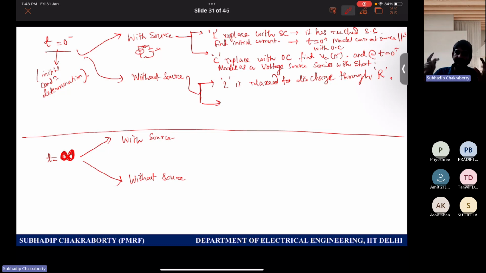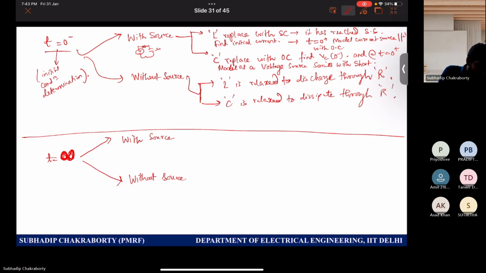If you have a charged energy storage element without any forcing function or any source, and you connect a resistor, it will dissipate all the energy. Similarly, C is relaxed to dissipate through R. Itself cannot dissipate, so it will dissipate through R by flowing the current. Okay.